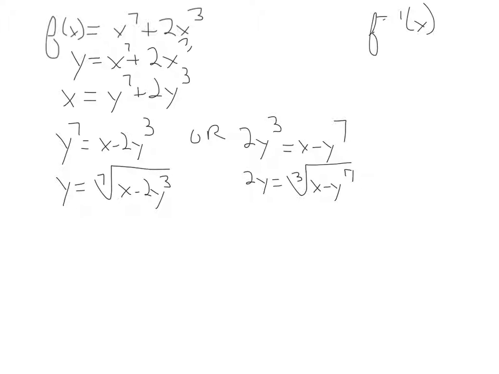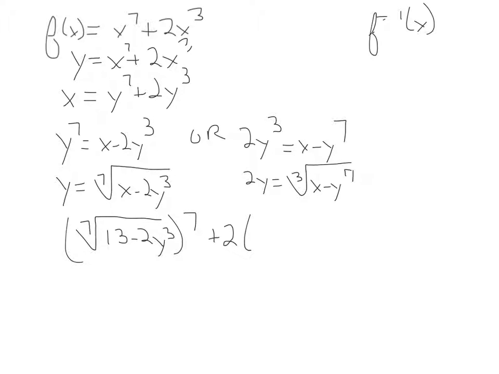So what that's going to look like is we're going to have the 7th root of 13 minus 2y cubed all to the 7th. Because that's what y equals if we write it in terms of the 7th root and we solve for that y. And then for the second one, we're going to have plus 2 times.